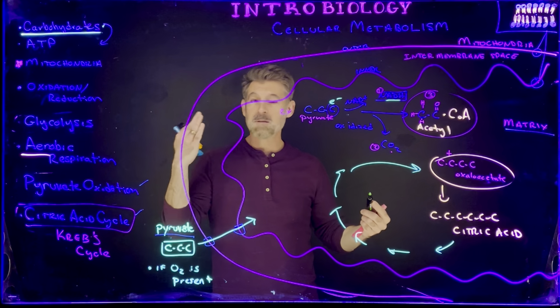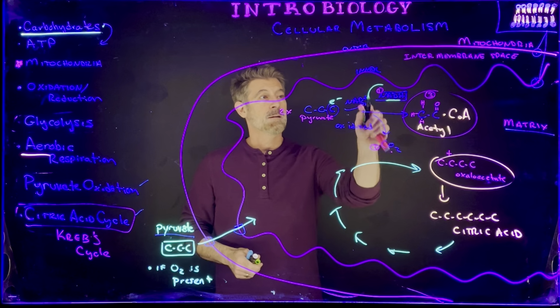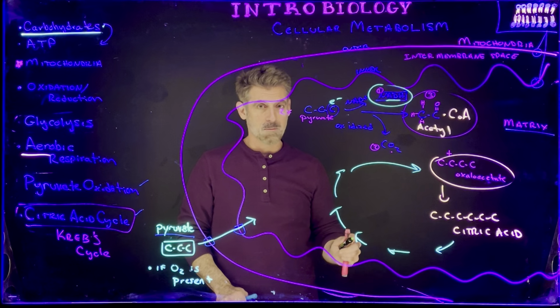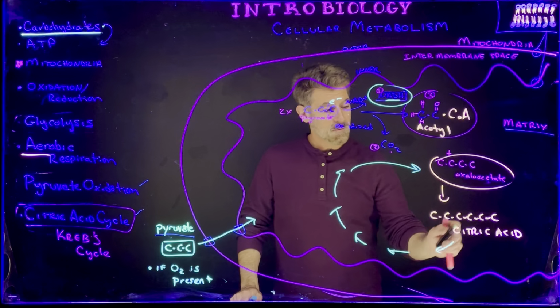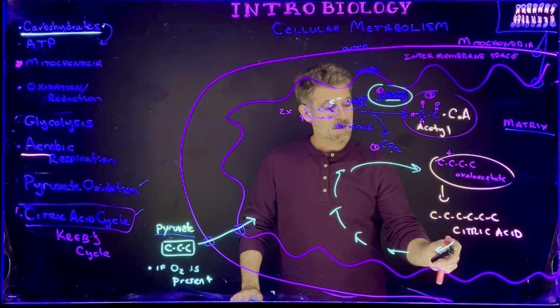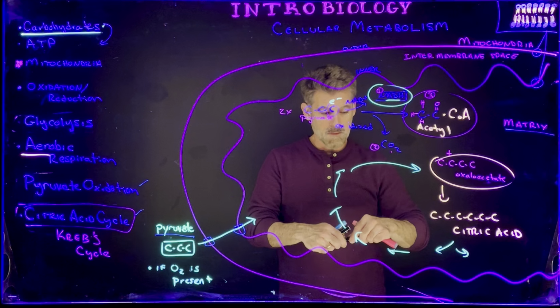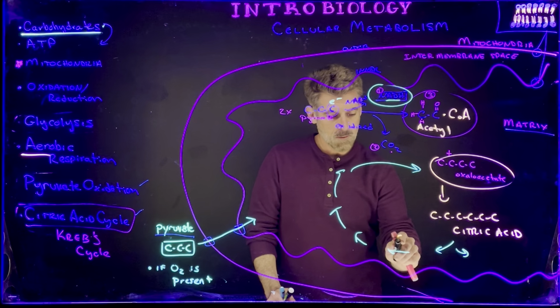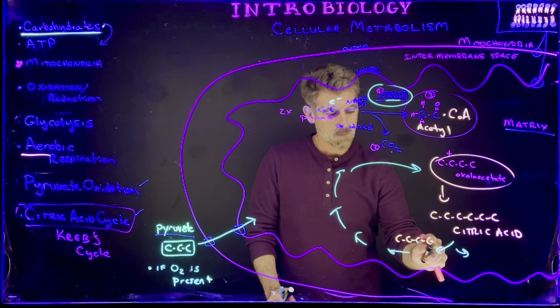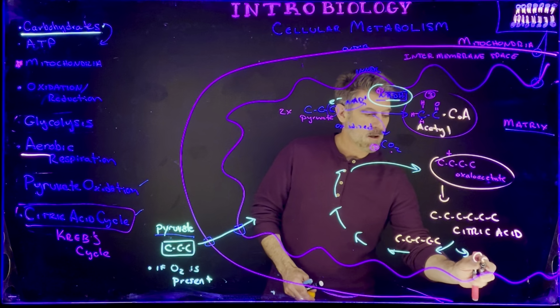Glycolysis, pyruvate oxidation, citric acid cycle. It's to make these. That's really the main thing. So that's going to happen here. As the oxidation event occurs, I'll try to keep it consistent with color here. So 1, 2, 3, 4, 5, and then a carbon dioxide.